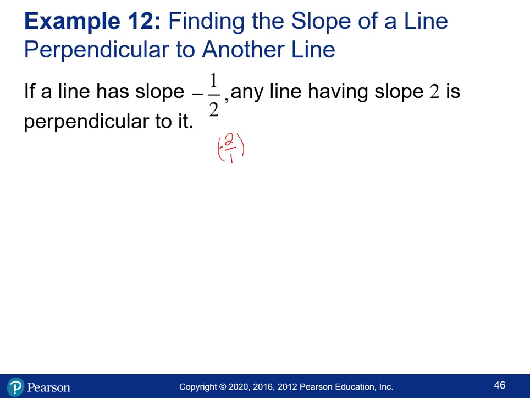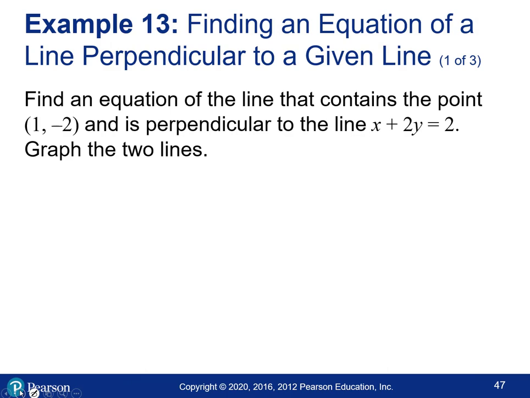It's already negative to start with, so when you apply the negative sign, you get +2. So the negative reciprocal of -1/2 is 2. Or if you want to multiply these, -1/2 times 2 is -1. Either way, this fits the criteria for two lines that are perpendicular.